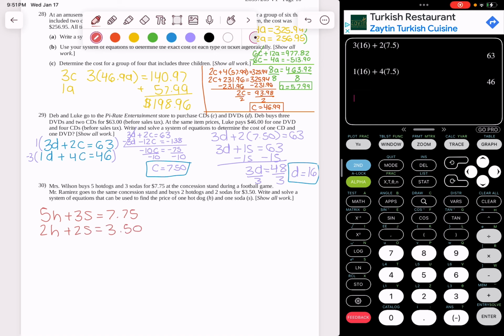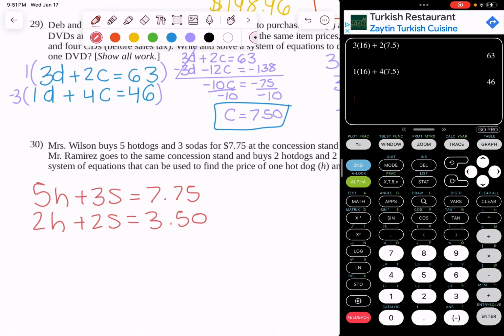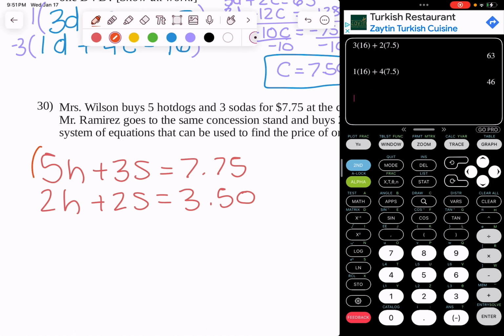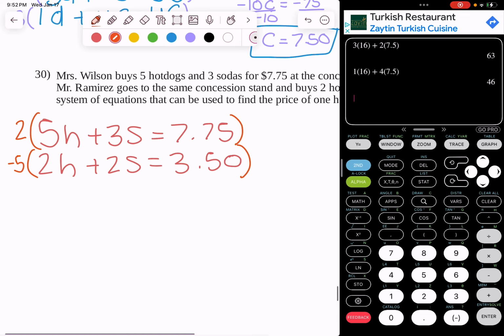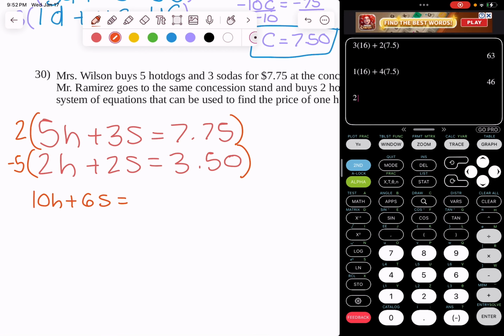Hot dogs are H and sodas are S, and we need to find them. All right. So we're going to multiply the first equation by 2 and the second one by -5 since there's no negatives. 2 times 5H is 10H. 2 times 3S is 6S. And 2 times 7.75 is 15.50.